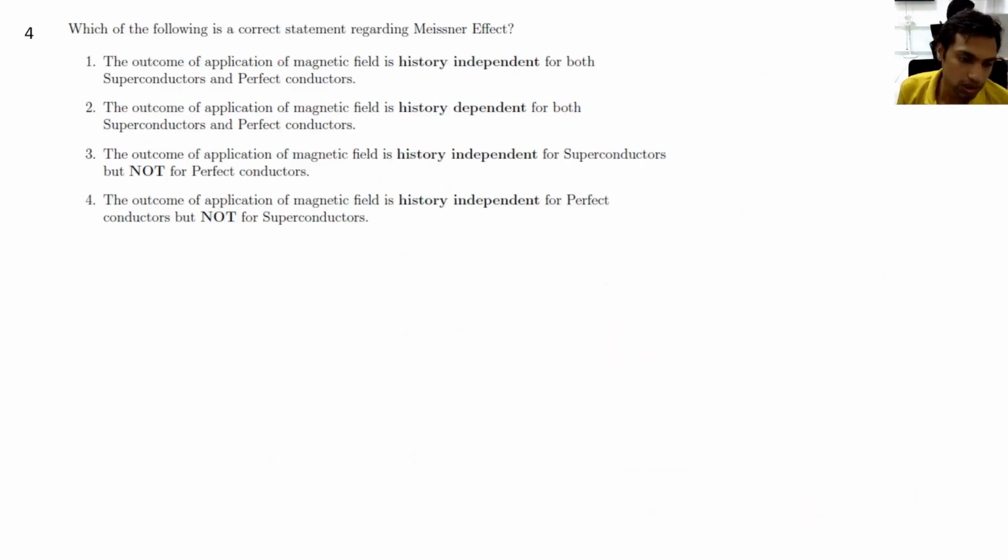Which of the following is a correct statement regarding the Meissner effect? The outcome of application of a magnetic field is history independent for both superconductors and perfect conductors. So this statement is wrong, because for a perfect conductor it is dependent on history.